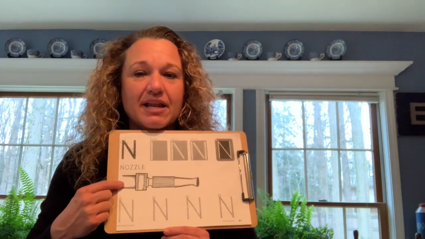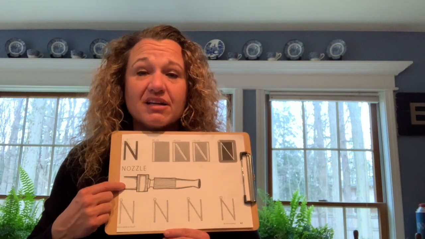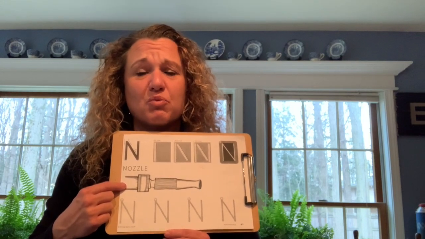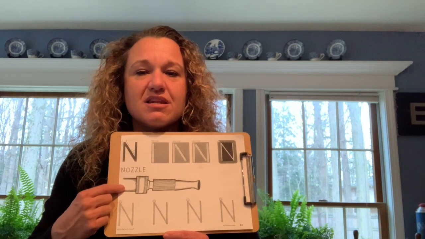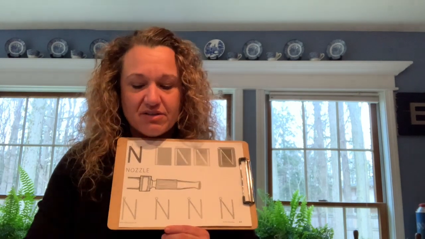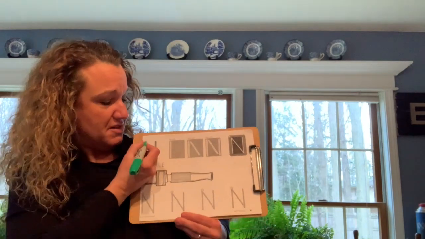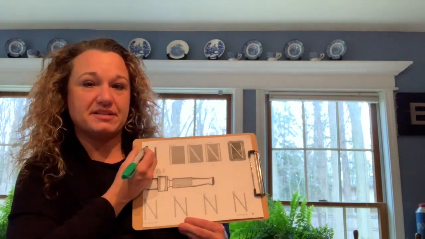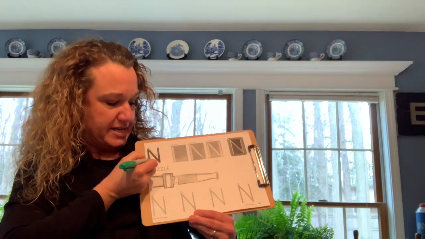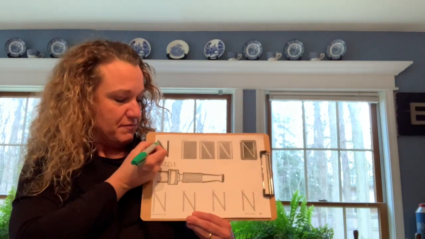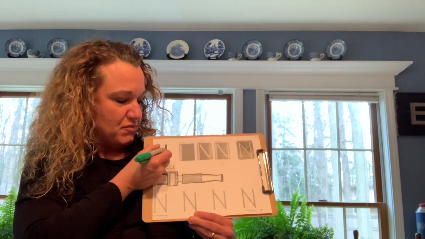Now remember, N makes the N sound. Your tongue is hitting the roof of your mouth really super close to your teeth. N, N, that's N. So now we're gonna practice writing our N's. If you start here at this N right here, you start at the top and you make a big line down, jump back up to the top, slide down, and come right back up.